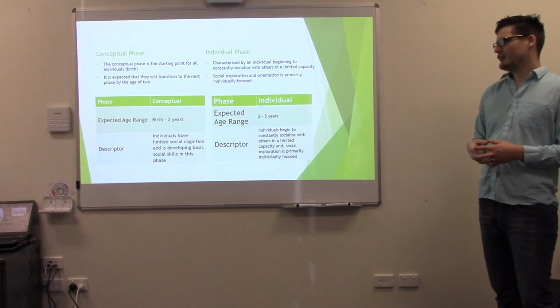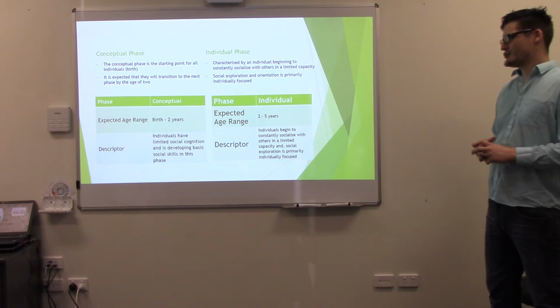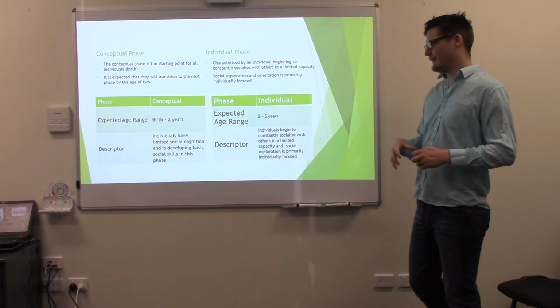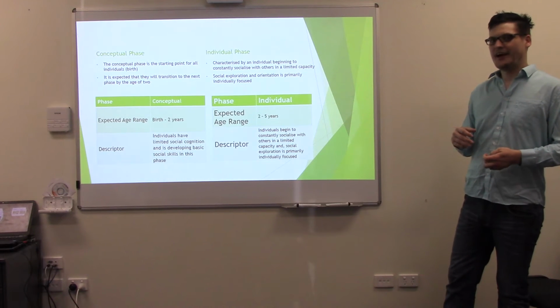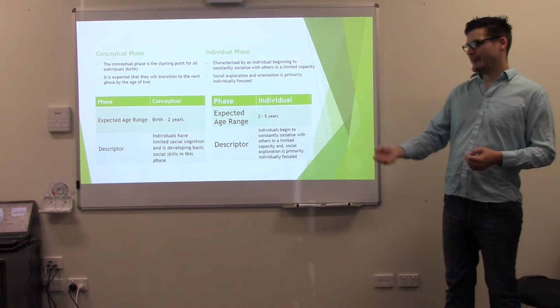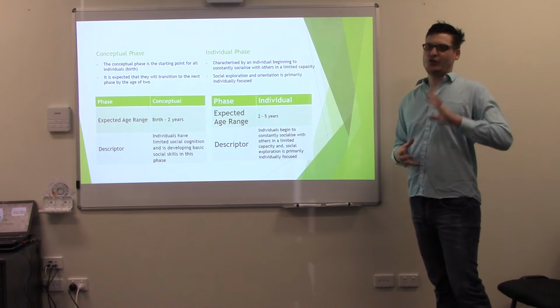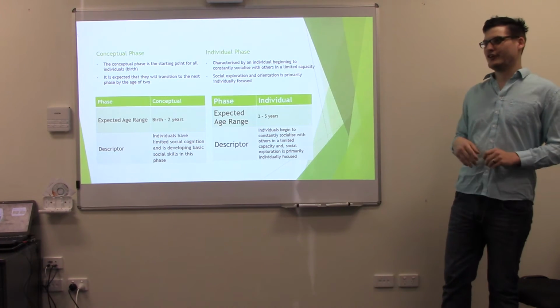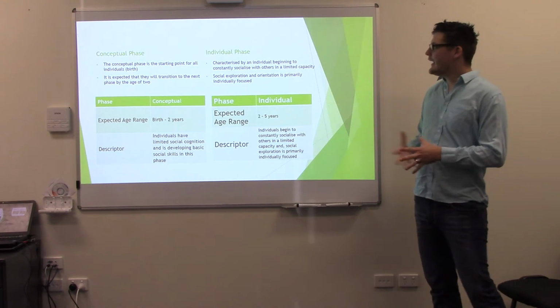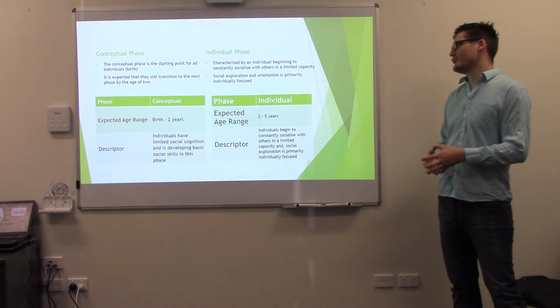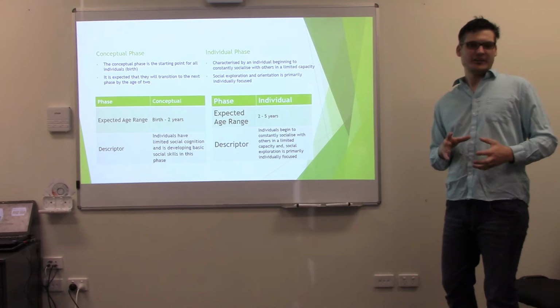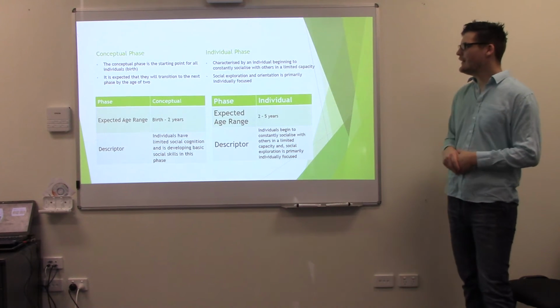And in this stage, what we see is they have very limited social cognition and they're developing their very basic social skills. So, for example, they will cry out to communicate, they know who to trust and who not to trust, and stuff like that. Individual phase, we see as they're beginning to constantly socialise with others, but in a very limited capacity to each other.